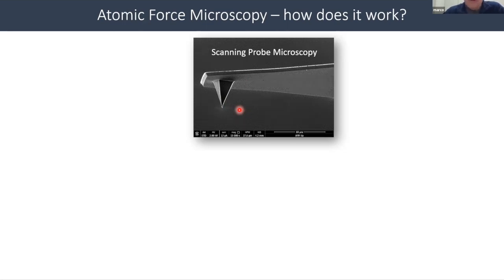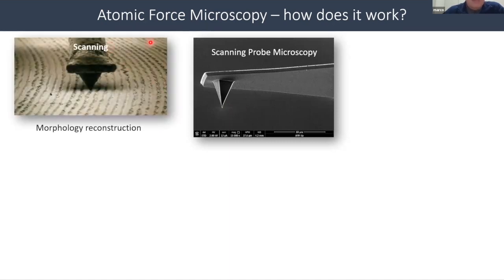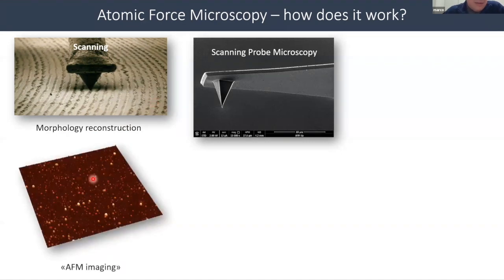So the most common way of operating an AFM is just doing a line-by-line raster scan of the surface, much like in an LP player, if you want. And by means of that, you can reconstruct the morphology of the surface you are scanning. This, for instance, is an example of an AFM image. It's 5 by 5 microns, this particular one. And these are EVs deposited on a glass cover slip functionalized with PLL.